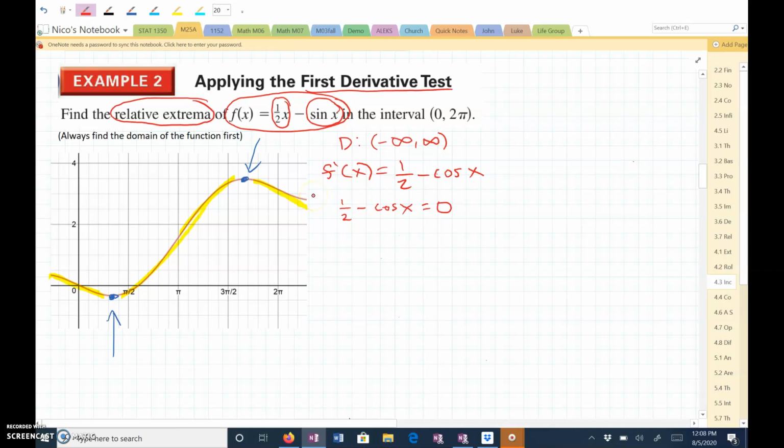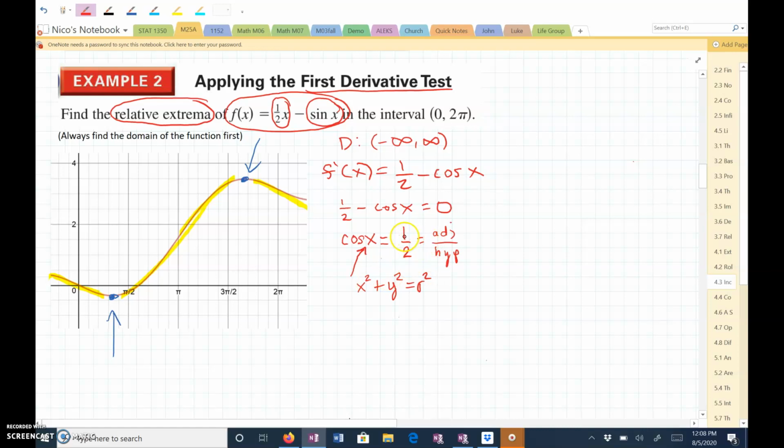Okay, so this would be cosine of x equals 1/2. Now we've got to find the angle x for which cosine of x is equal to 1/2. Cosine is adjacent over the hypotenuse, so we're going to use the Pythagorean theorem.